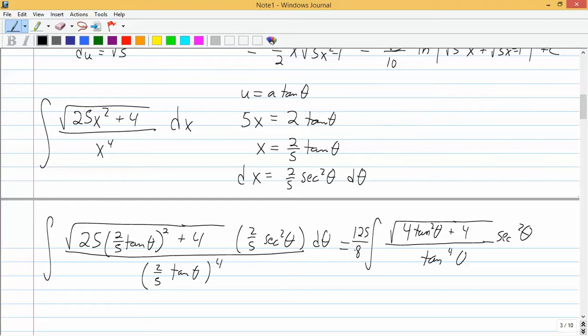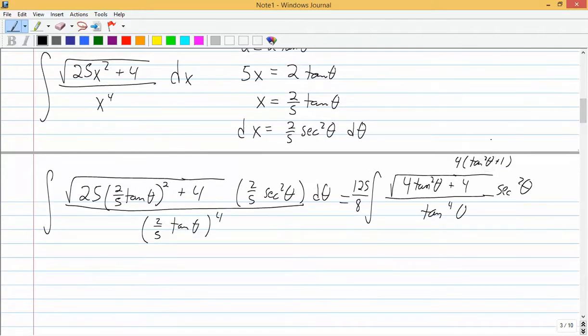All right. Now, what's under this radical you can factor a 4 out of, and you'll have 4 times tangent squared theta plus 1. Now, what is tangent squared theta plus 1? Secant squared theta. All right, so actually under the radical, I have 4 secant squared theta.